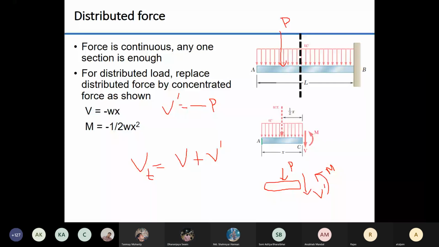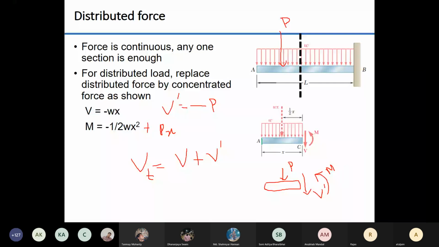It is not square of w, na? So then we can add bending moment also. It would be wx, so the total M would be minus wx square plus px. Is it plus px or minus px?